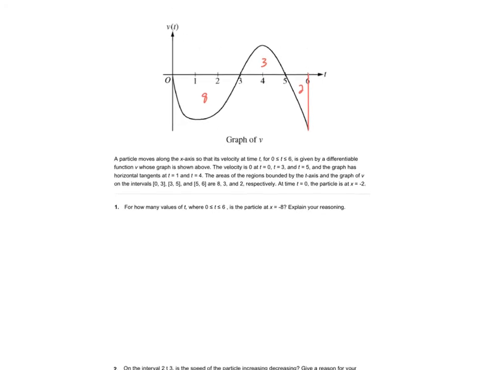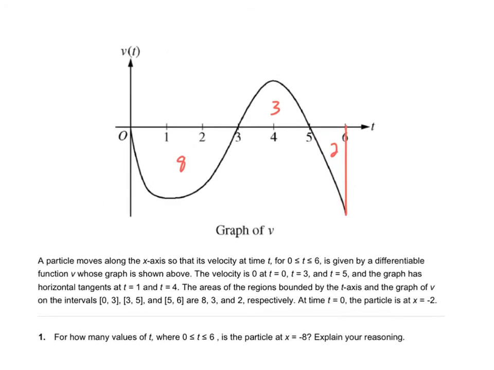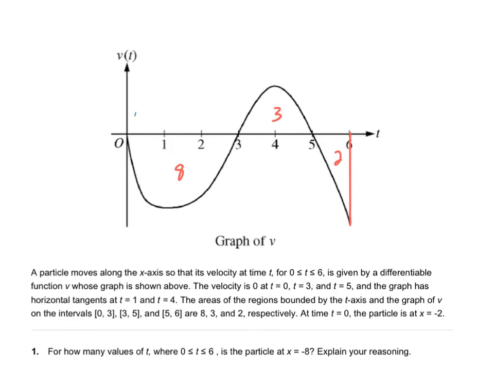Okay, so think about, I'm going to label it this way. When t is 0, x is negative 2. And then think about the change in position from 0 to 3. Since this is below the x-axis, the position decreased 8.